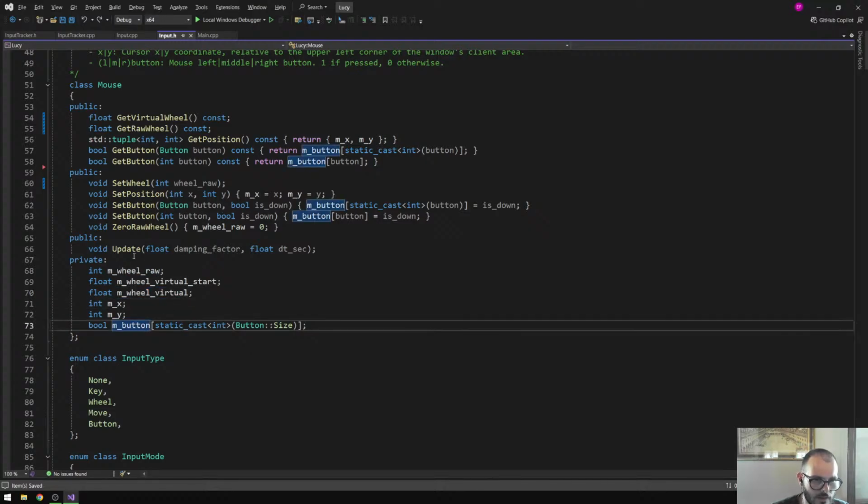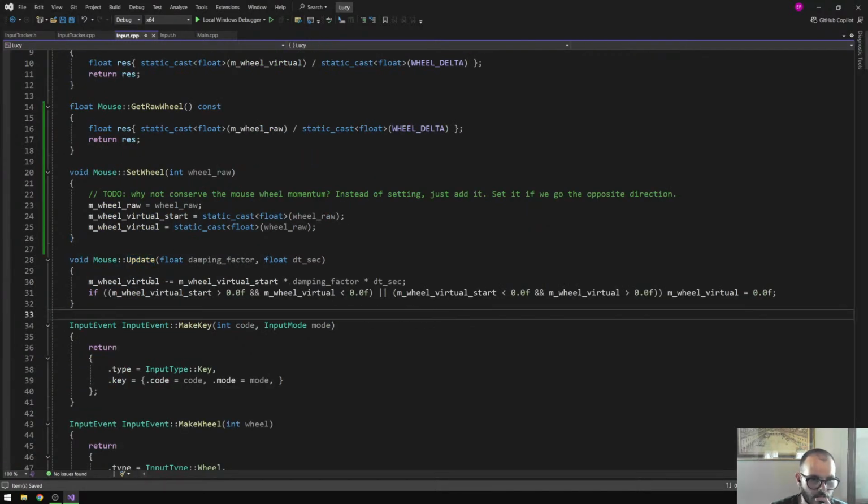When I compute the update, the idea is that I take the current virtual wheel, and from it I subtract the wheel start multiplied by the damping factor multiplied by the delta time in seconds.